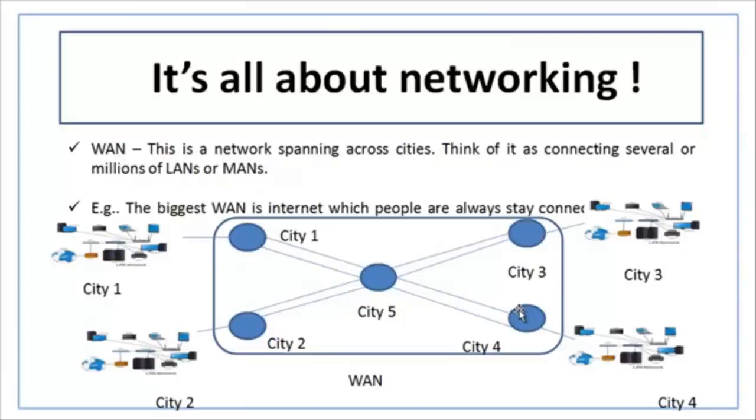So a WAN is not owned by a single person. It's just a combination or an association of a lot of service providers. Alright, I hope that makes sense, and if it doesn't, just send me your comments, I'll try to explain once again.